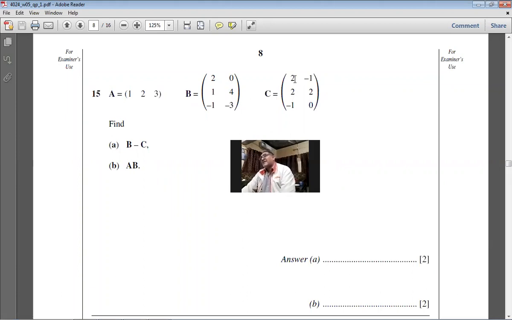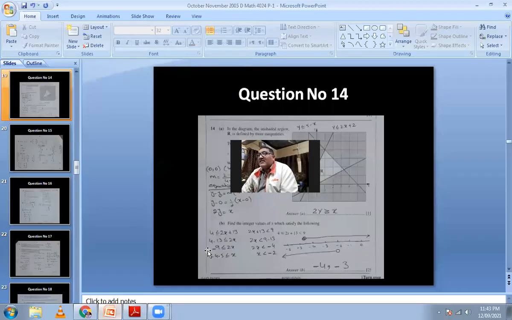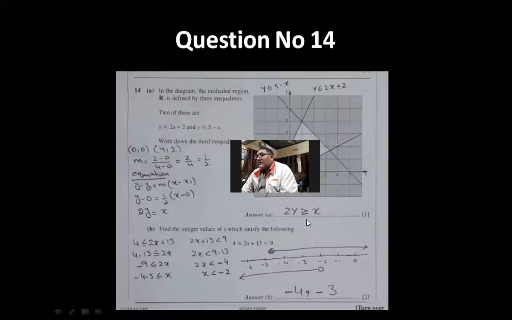A matrix C has 3 rows and 2 columns, and 2, minus 1, 2, 2, minus 1, 0. The first question is find B minus C. It's a 2-mark question, a very simple and straightforward question. B minus C. Let me show you how this is done. And here we go.